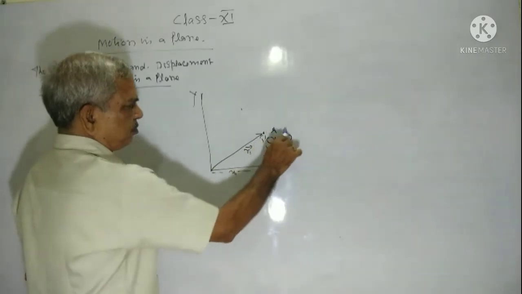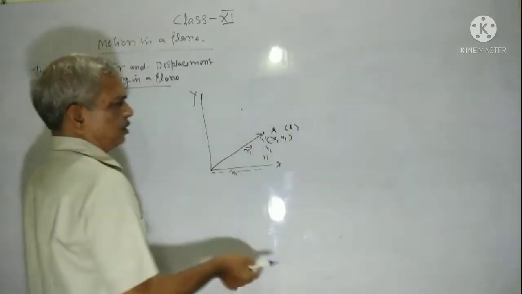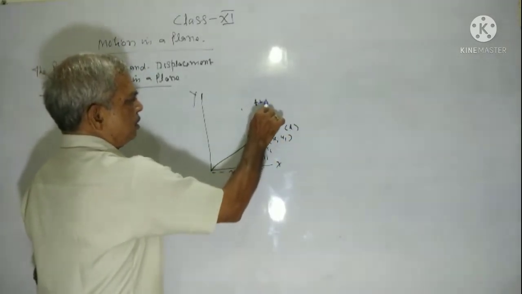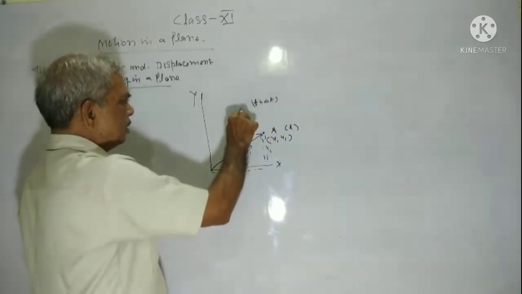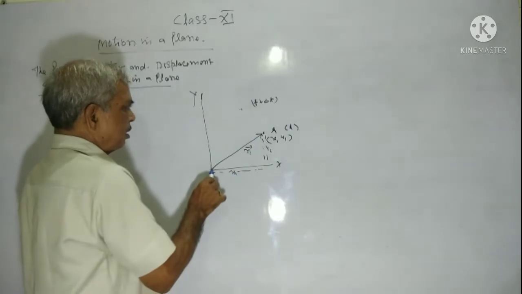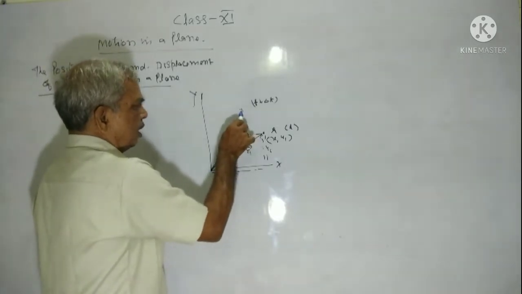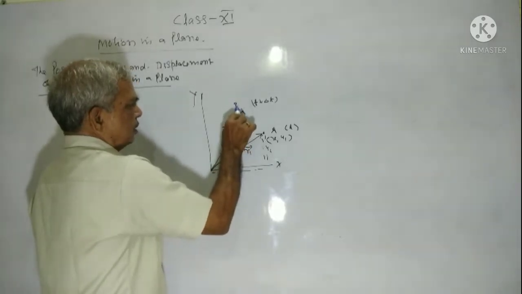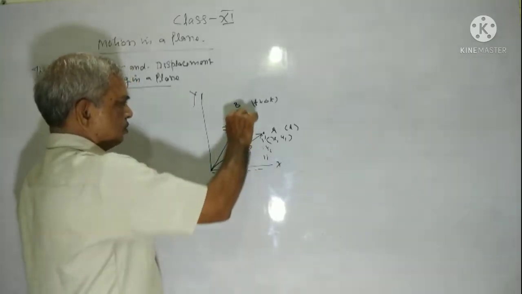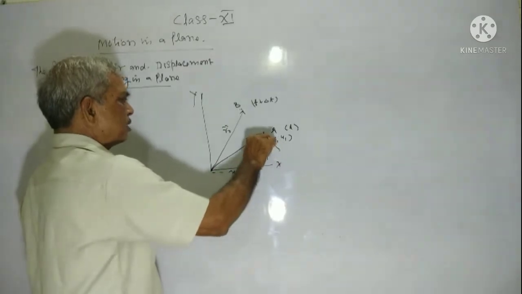After time t plus delta t, its position is at point B. This is moving like this.